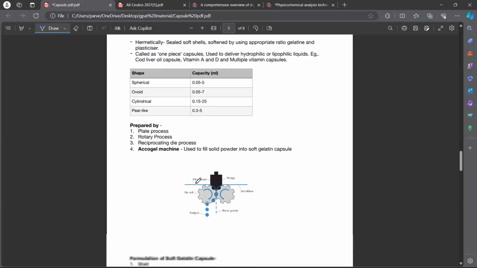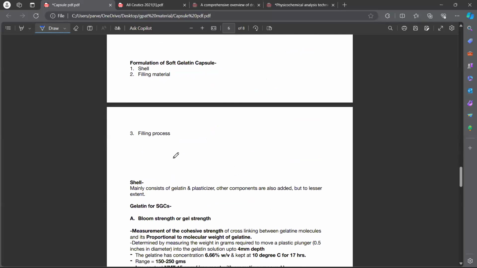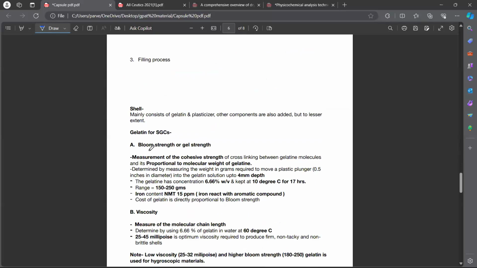Next, while coming to the soft gelatin capsule, as I mentioned, the bloom strength or the gel strength is nothing but the measurement of the cohesive strength of the cross-linking between gelatin molecules, and it is directly proportional to the molecular weight of the gelatin. So here comes the most important parameter.